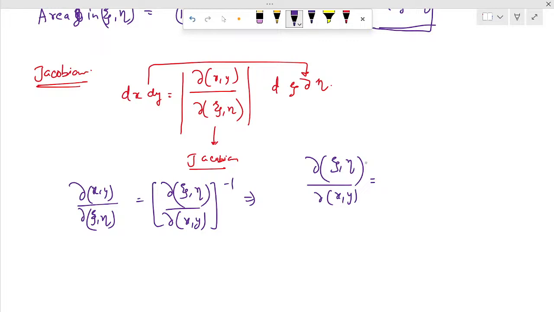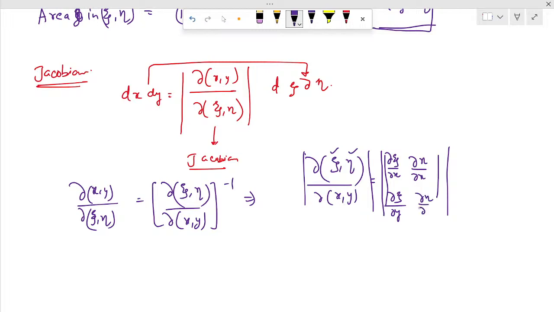I'm writing the determinant, and please take a magnitude of it also, because if you don't, things may not work that way, since area is after all in the positive sense only. So I'll write d zeta upon dx, and then d eta upon dx. This is the derivative with respect to x, and this with respect to y.